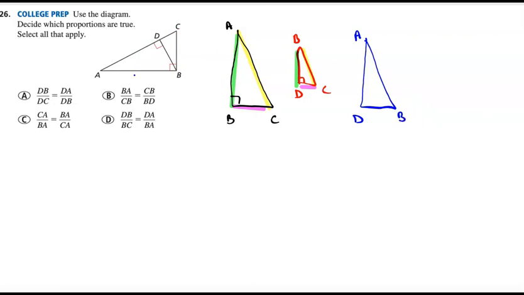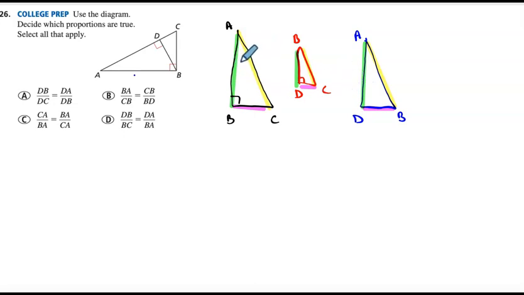So again, let me just highlight the similar areas here. So there's the red, there's the yellow, my hypotenuse, and there's my green. So AB, BD, and AD are all similar.